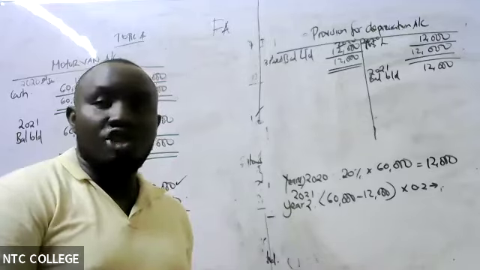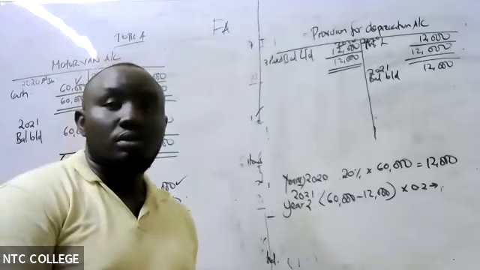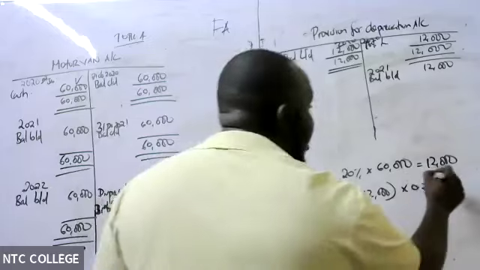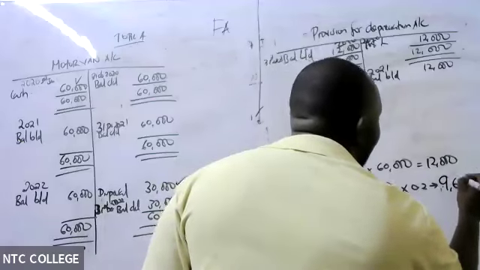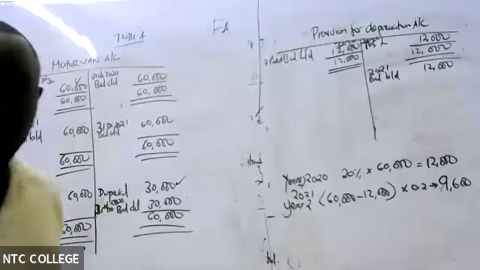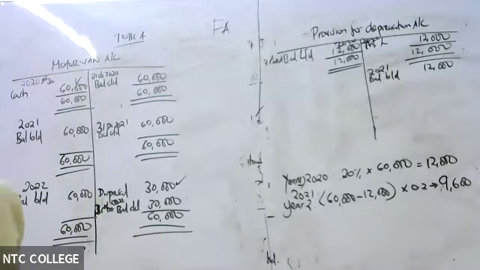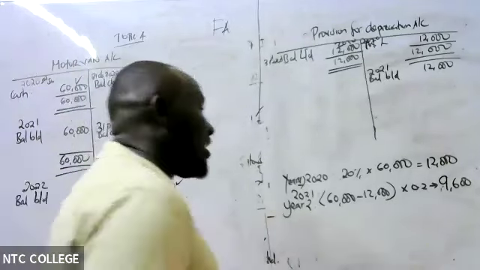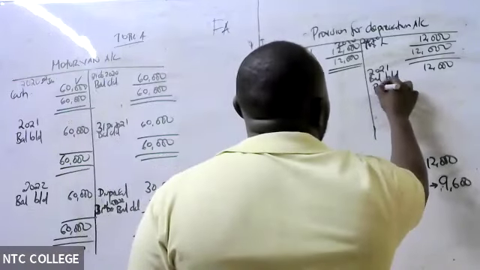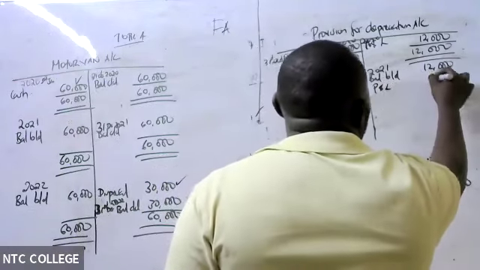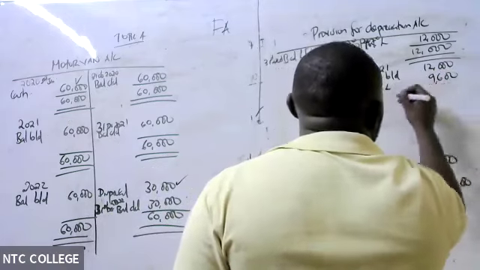So what is that depreciation for year two? 9,600. We cannot come to an accounting class without a calculator. Make sure you have a calculator. So we say P&L, because that's depreciation, 9,600.